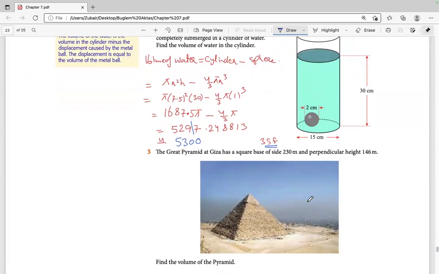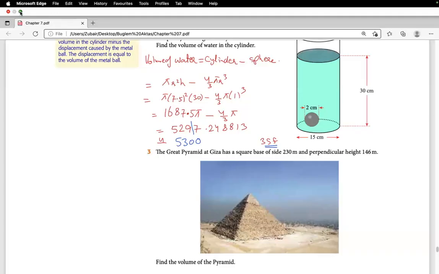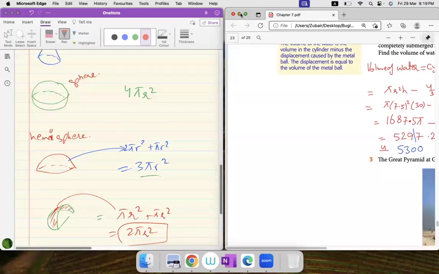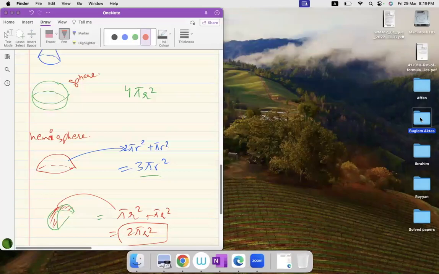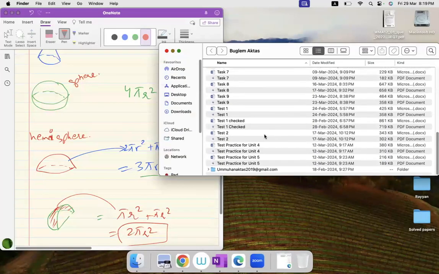I didn't get it to check. I think it was sent.